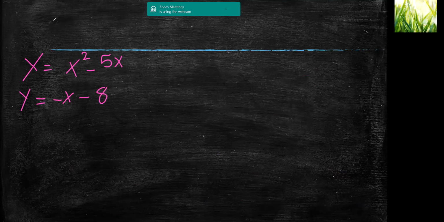What do we have to do? Here I use the substitution way. Substitution means I have to replace -x minus 8 instead of y.